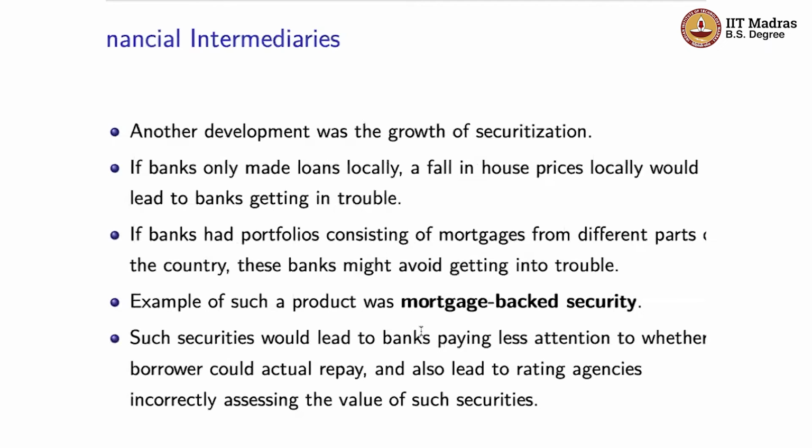However, if you had banks which had portfolios consisting of mortgages or housing loans from different parts of the country, then these banks would be in more trouble, right? So one such example, which led to banks giving out housing loans not just to people in their locality, but to people all over the country, was this development of the mortgage-backed security.